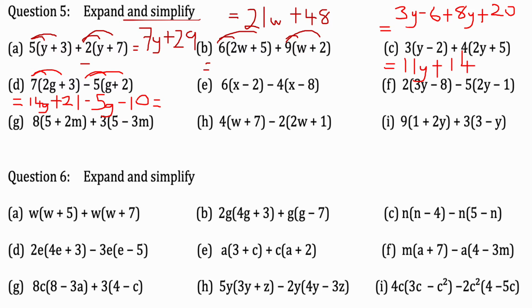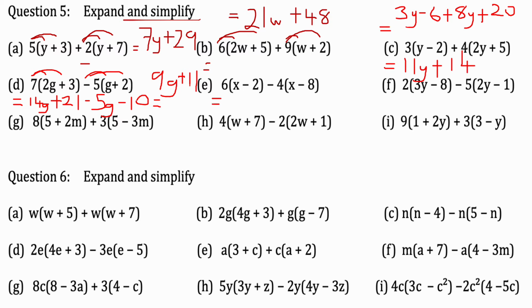Collecting the like terms, 14g minus 5g is going to be 9g, and 21 take away the 10 becomes plus 11. So it's 11 plus 9g or 9g plus 11. Either convention is fine.